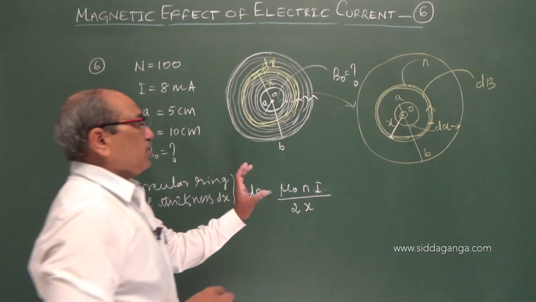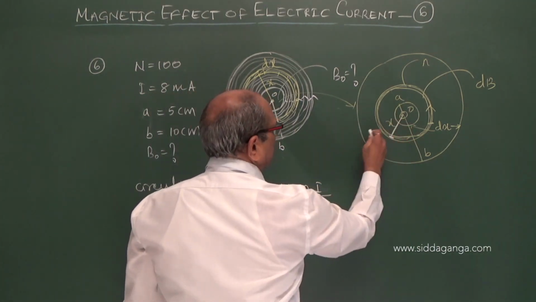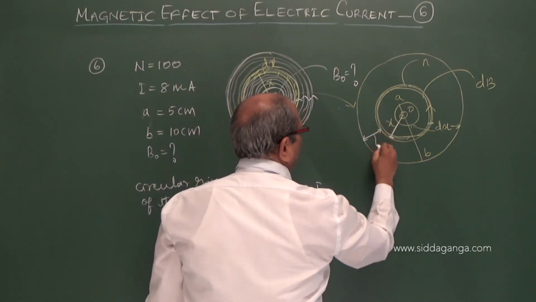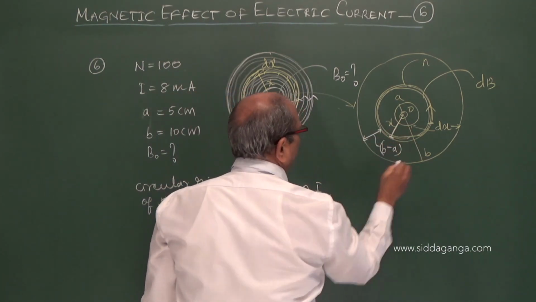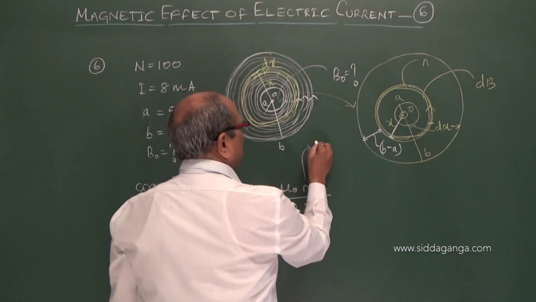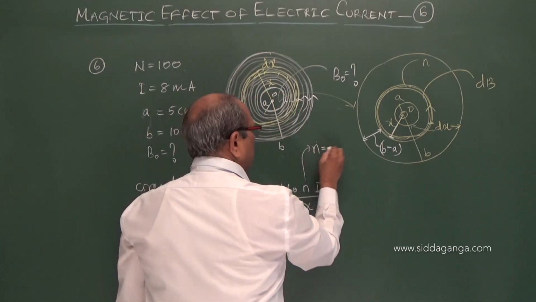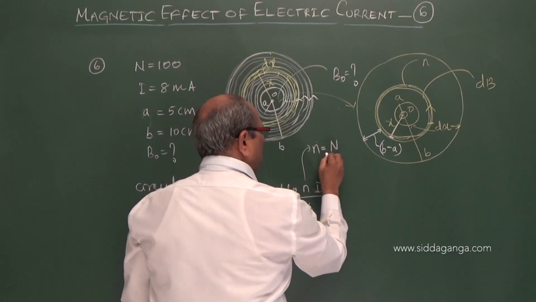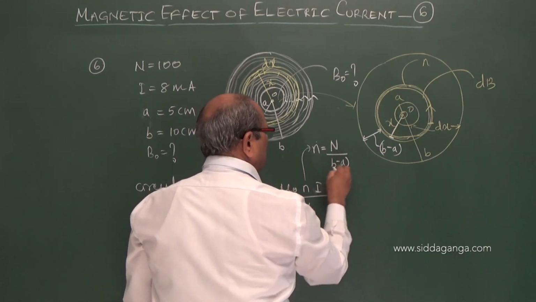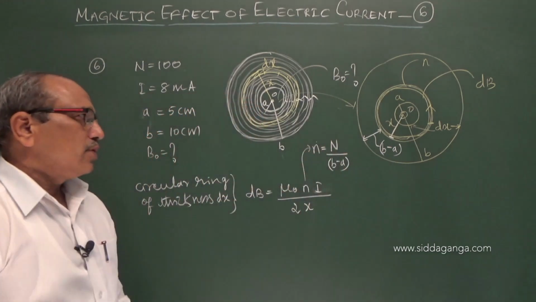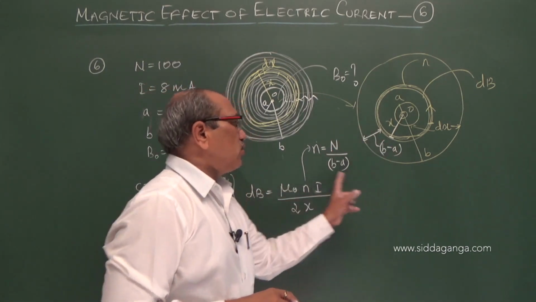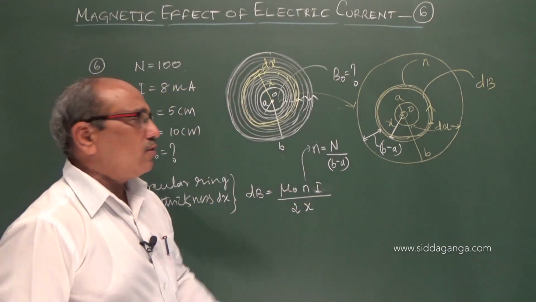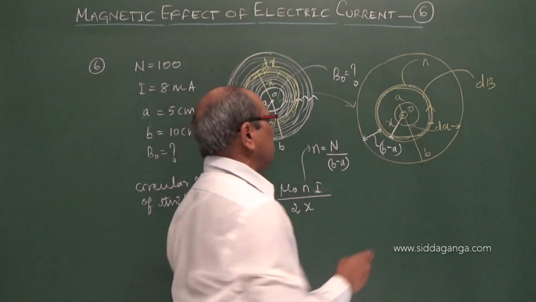My question is, what is n? The length of this is b minus a. If I want n, it is nothing but the number of turns per unit length, so per unit length you get n upon b minus a. The length of the strip you have taken is dx.